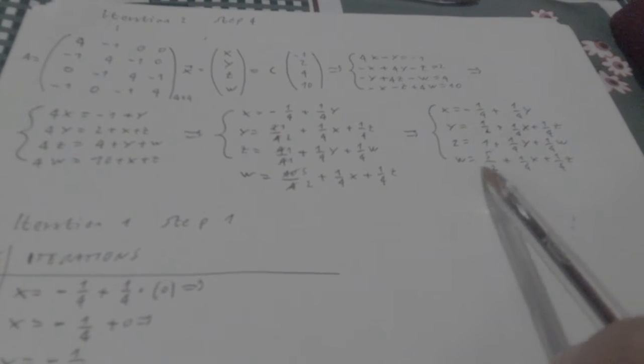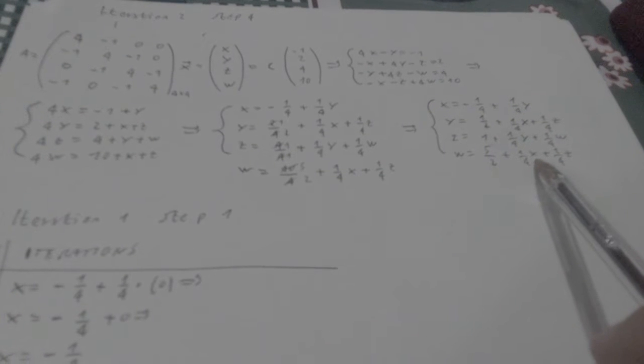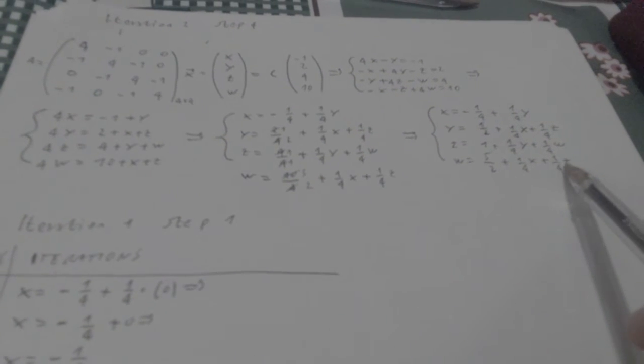Well, the equation for w is actually 5 over 2, which is a scalar, not dependent on anything, plus 1 over 4 x, so it's dependent on x, plus 1 over 4 z, so it's dependent on z.